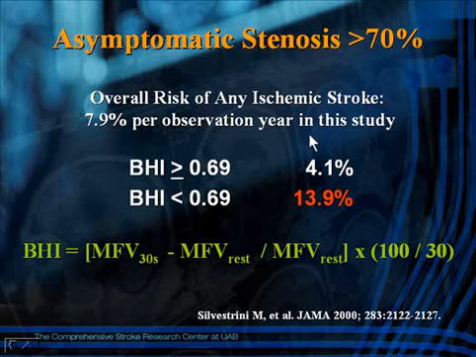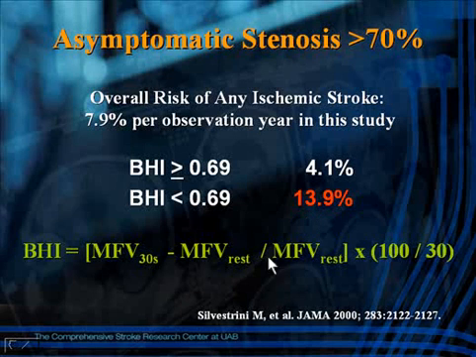Here is the overall risk of any ischemic stroke, 7.9% per observation year in the study. If the breath holding index was normal, risk of recurrence was lower than average, and if the breath holding index showed impaired response to holding breath, then risk of stroke increased more than 3-fold for the same degree of asymptomatic stenosis.